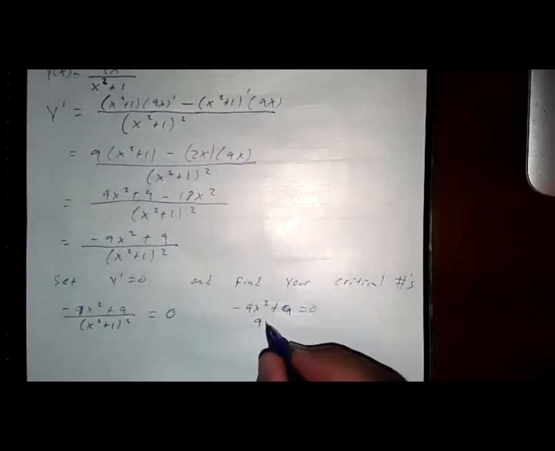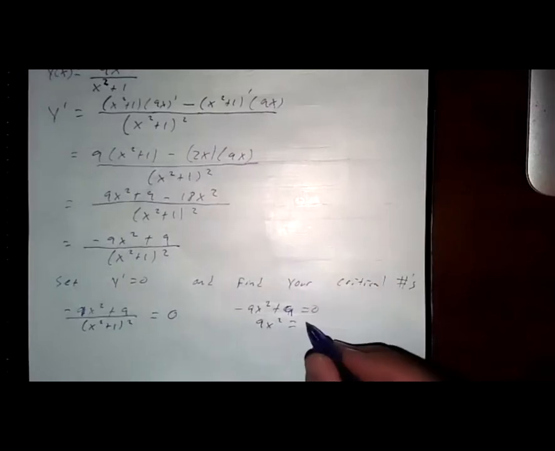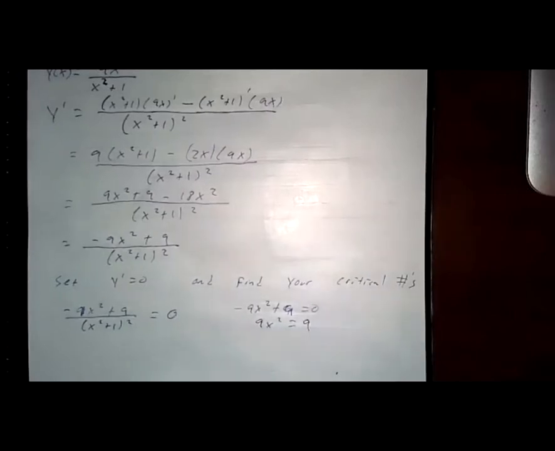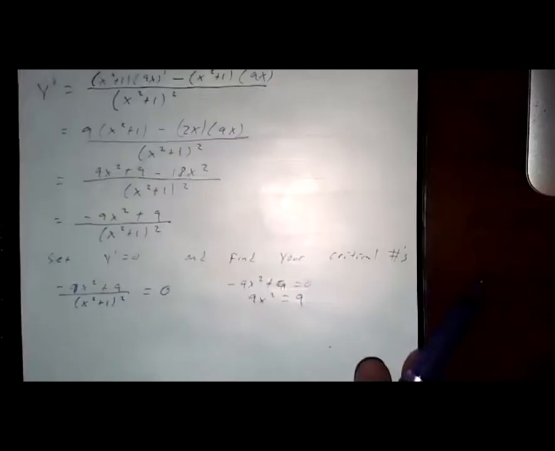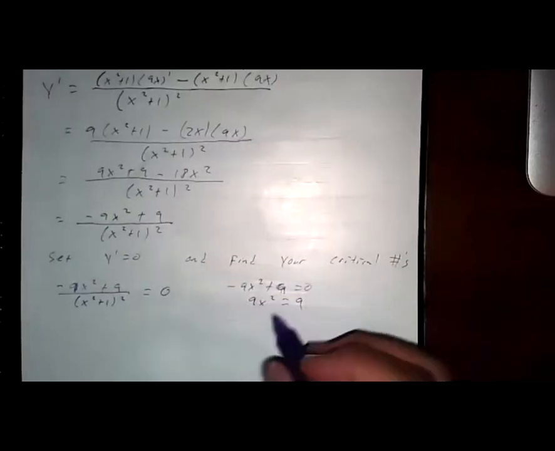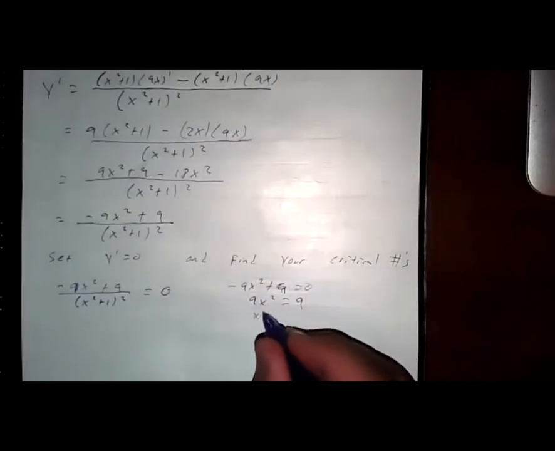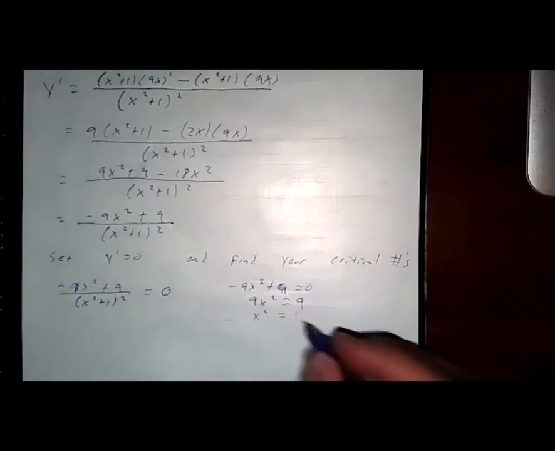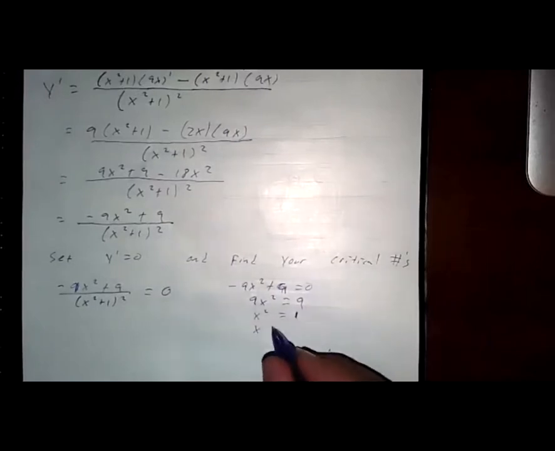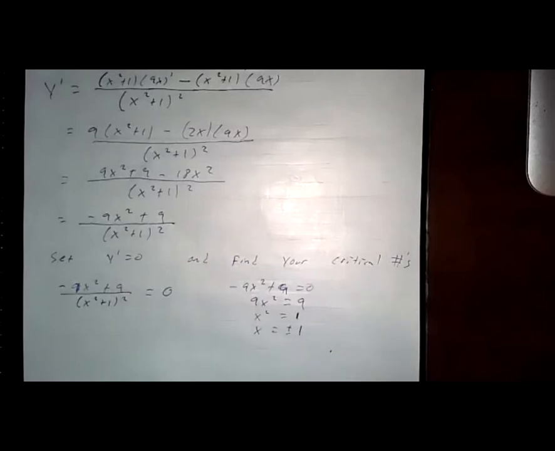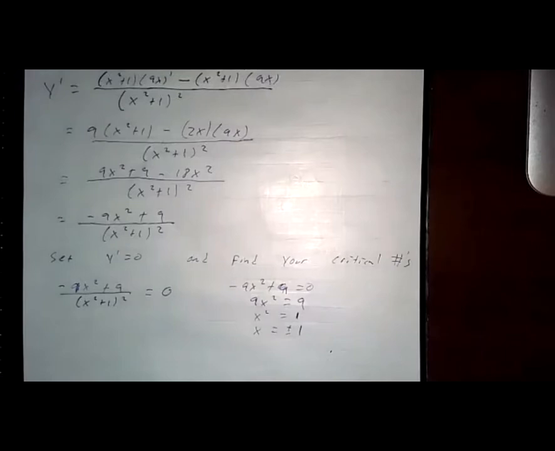So isolate the x squared. Divide the 9 out. Square root both sides, and x becomes plus or minus 1. And skip some algebra there. Do you see how we solve for x?